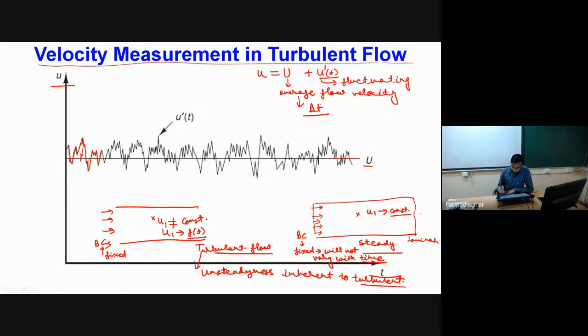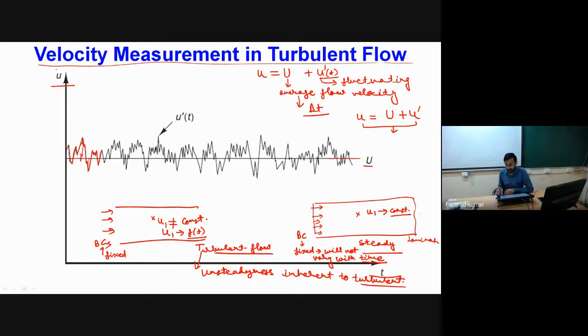So what we have done now is define our variable into two parts. One part is the mean velocity and another part is our fluctuating component, which fluctuates with time. This type of decomposition has to be applied for each and every variable. This U I have only shown as a representative case. Instead of U, if you measure V, W, temperature, pressure, etc., every field variable will show such fluctuations.